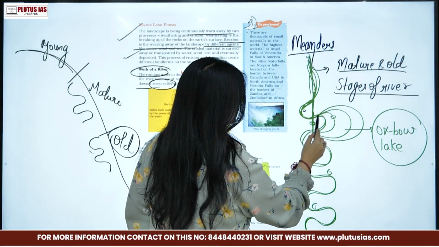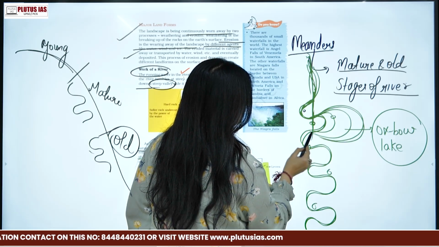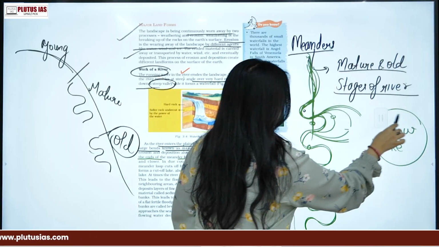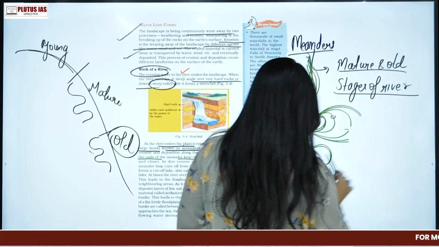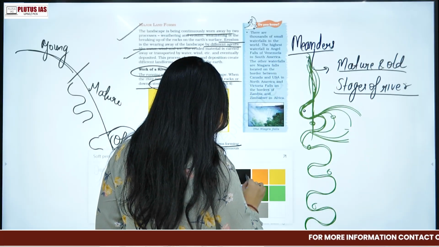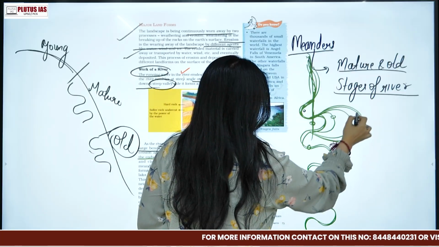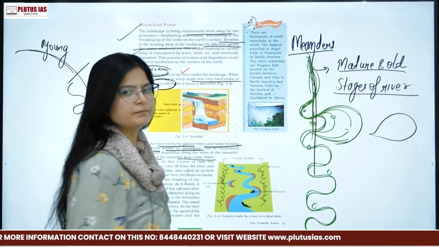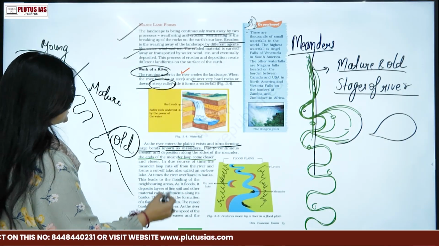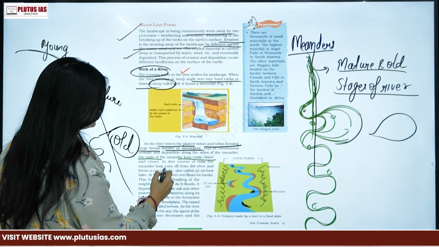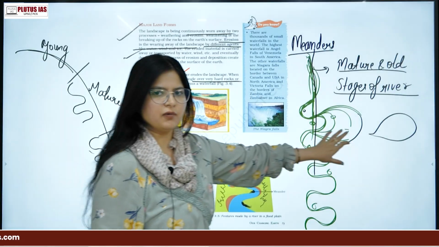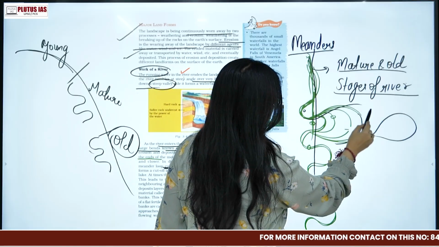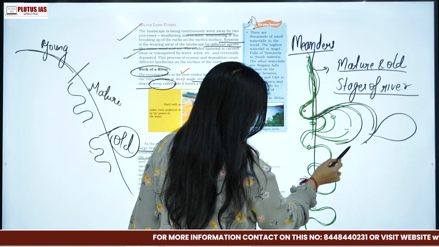Just like this, it will come closer, and at some point it will be separated from the whole channel like this. In due course of time, the meander loops cut off. This is what is cutting off. Why? Because the river is now tired of taking so much path like this.